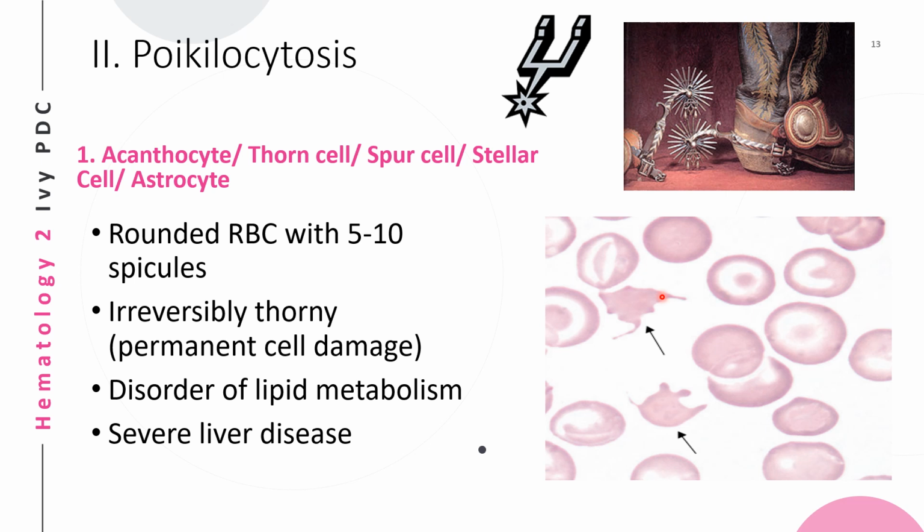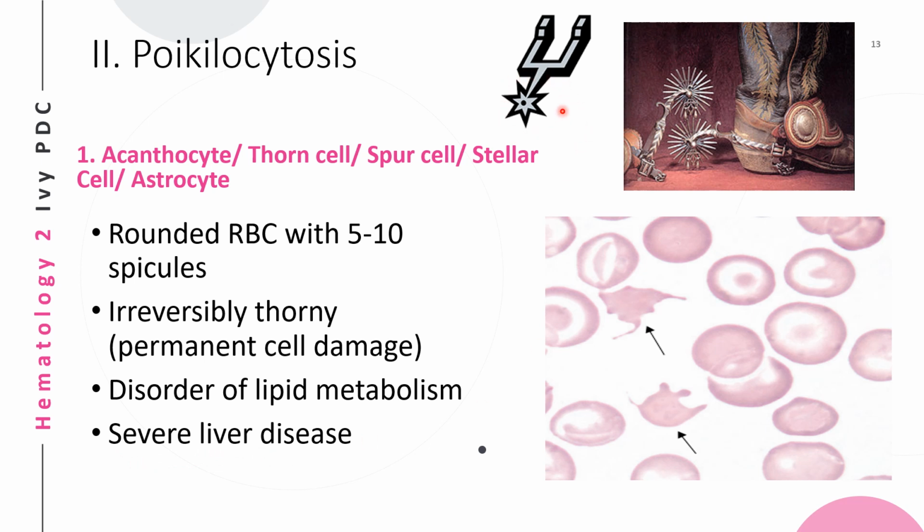These are the projections that are long and irregular. They are irreversibly thorny, meaning they refer to permanent cell damage. Acanthocytes cannot return back into normocytes. This is usually seen in disorders of lipid metabolism or in severe liver disease.